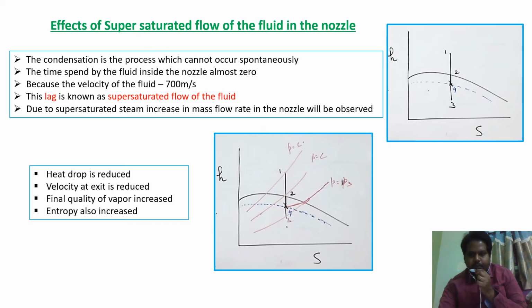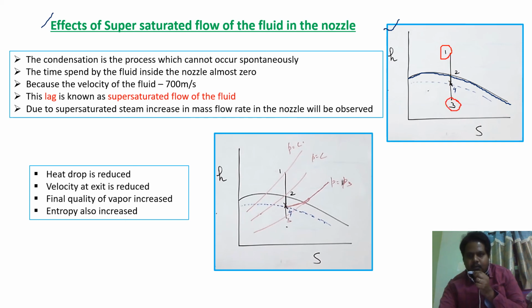The last topic I would like to discuss is the effect of supersaturated flow of the fluid in the nozzle. As you can see here in the h-s diagram, this curve is the saturation curve. Here 1, 2, 3 is the process inside the nozzle, 1 at the inlet of the nozzle, 2 at the exit of the nozzle.